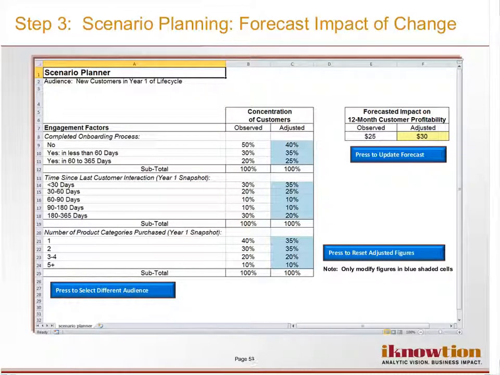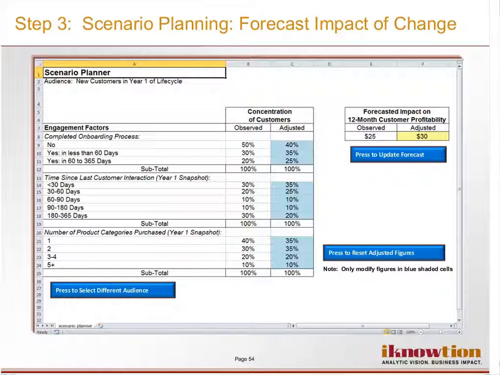The scenario planner uses the results of the multivariate analysis to help forecast the impact of changes in customer engagement behavior. So this helps you build a very well-informed business case that can support investments in programs that can drive, hopefully, incremental engagement and even more importantly, business growth.